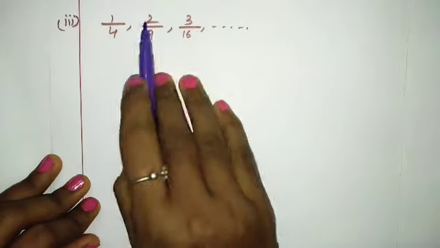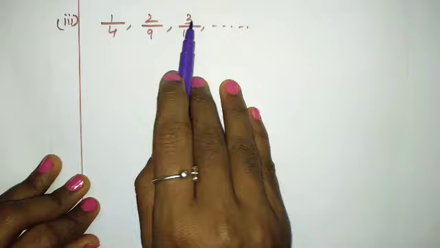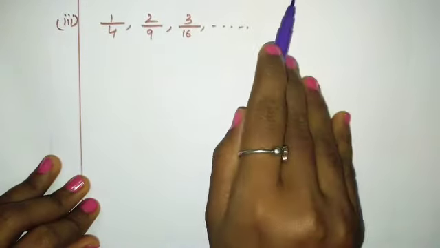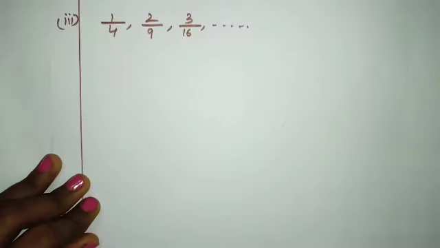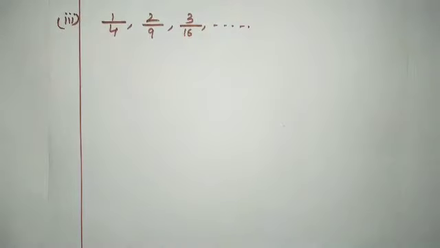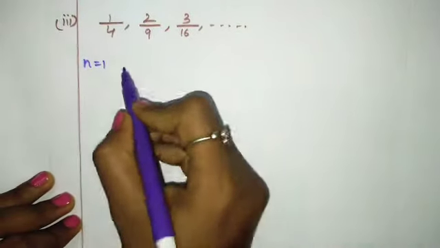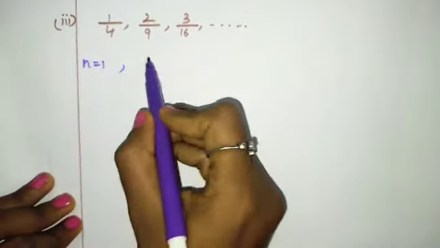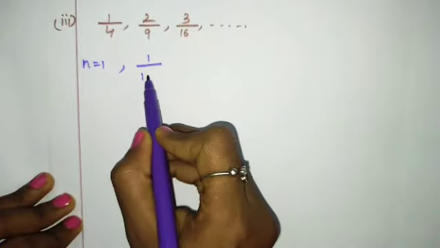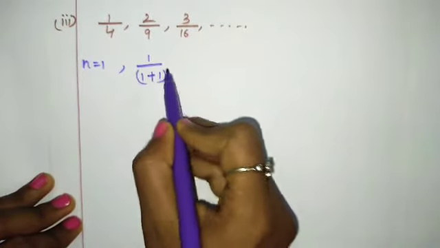Okay. First, if you see the numerator, 1, 2, 3, it is continuous. So you can take the next three as 4, 5 and 6. Now you have to see the denominator. Here you take n as 1. So n as 1 means 1 divided by 1 plus 1 whole square.